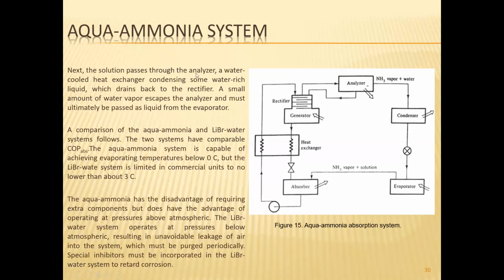Next, the solution passes through the analyzer, a water-cooled heat exchanger condensing some water-rich liquid, which drains back to the rectifier. A small amount of water vapor escapes the analyzer and must ultimately be passed as liquid to the evaporator. In the analyzer, it returns it. So, liquid there.